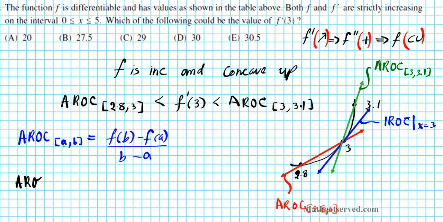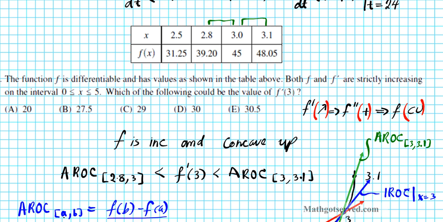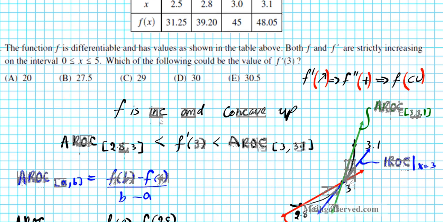Let's go ahead and find the average rates of change. The average rate of change from 2.8 to 3 is simply f of 3 minus f of 2.8, divided by 3 minus 2.8. Now you use your table to find f of 3 and f of 2.8.